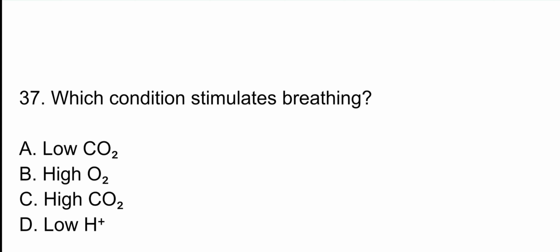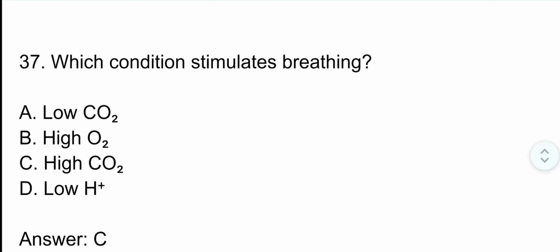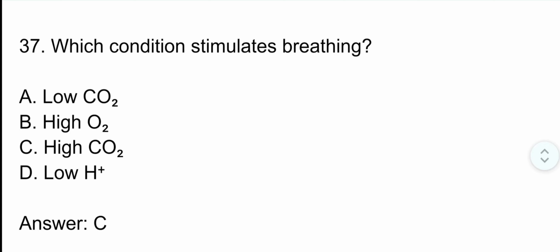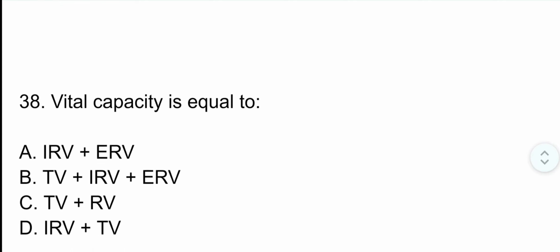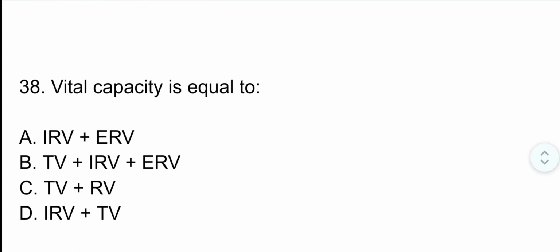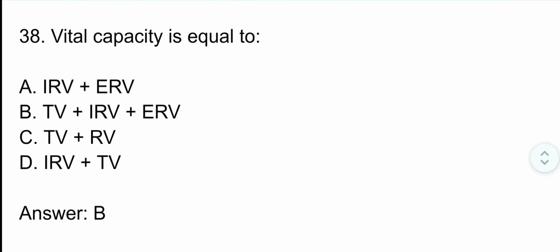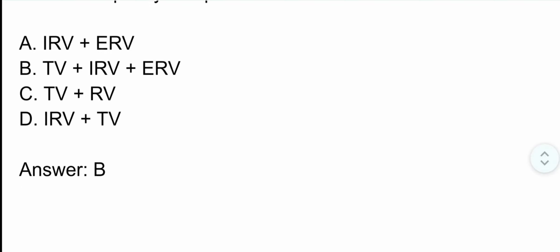The correct option is option C, high CO2. Question number 38. Vital capacity is equal to. The correct option is option B, tidal volume plus inspiratory reserve volume plus expiratory reserve volume.